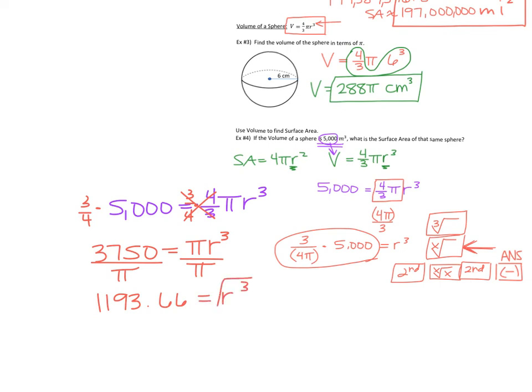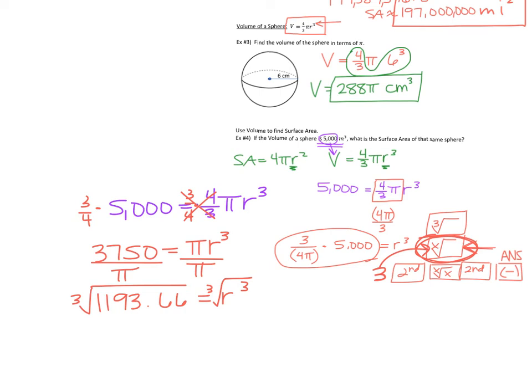Okay, now we can cube root both sides. So if I take the cube root, remember this button on your calculator. Oh shoot, I didn't put the 3 out in front. You got to put a 3 out in front for this x. My bad. So that'll give you your cube root, okay?